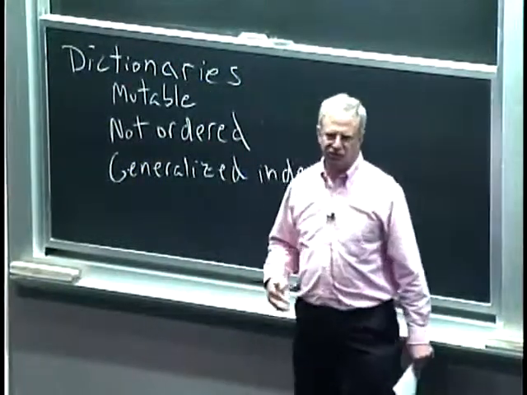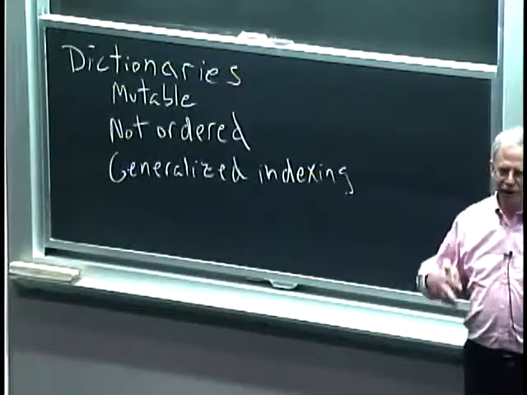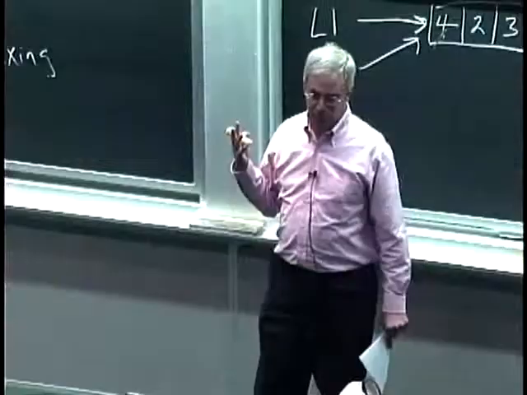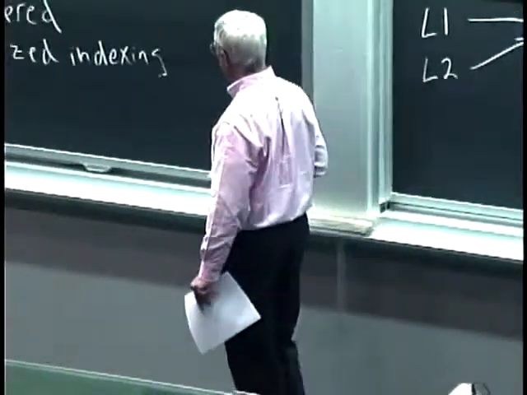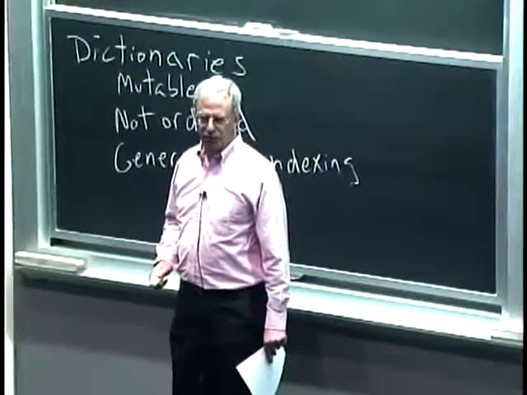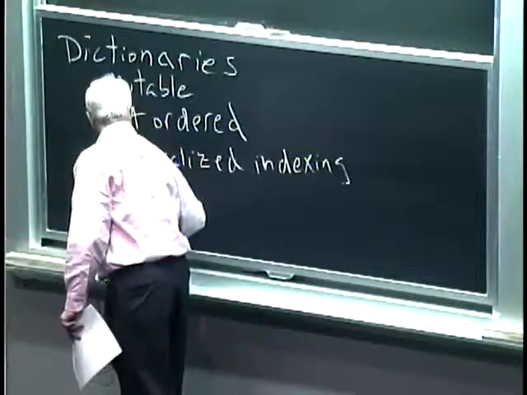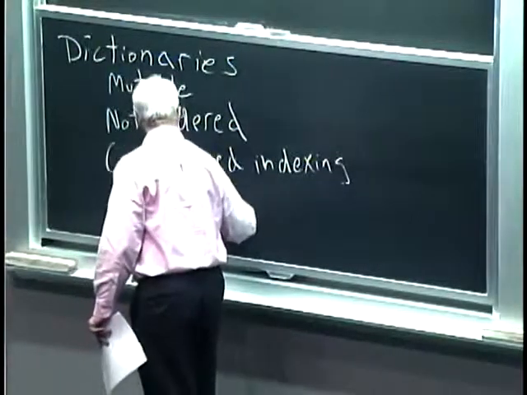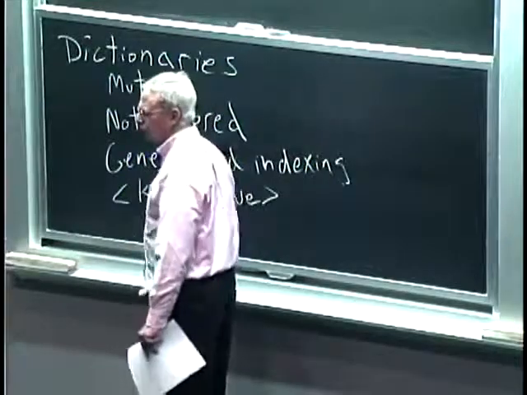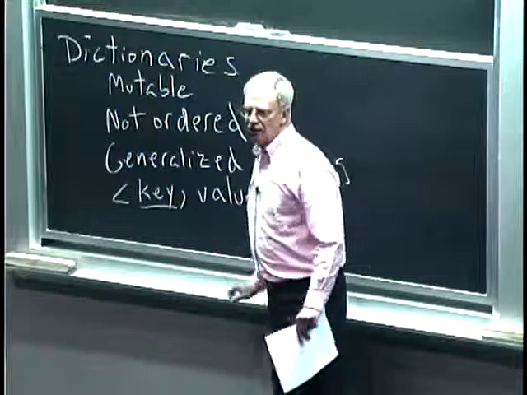So with lists and strings, we can only get at elements by numbers, by integers, really. Here, what we use is think of every element of the dictionary as a key value pair, where the keys are used as the indices.